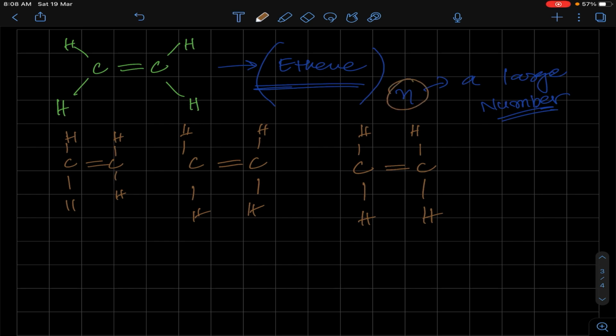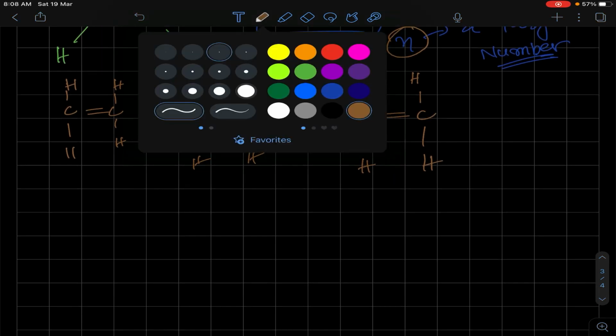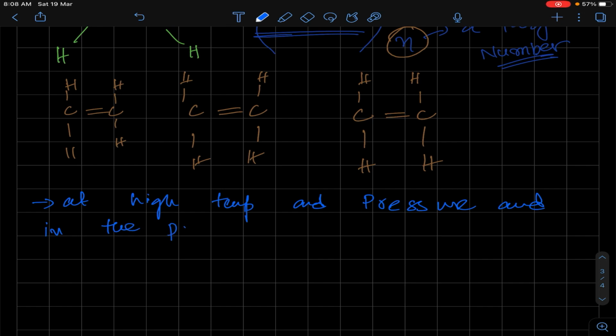Right, so addition reactions occur at high temperature and pressure in the presence of a suitable catalyst.